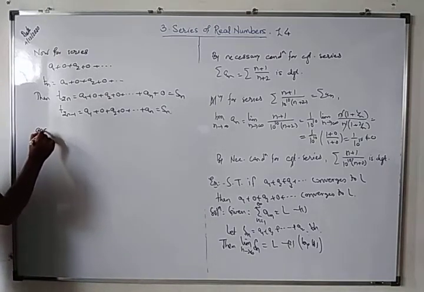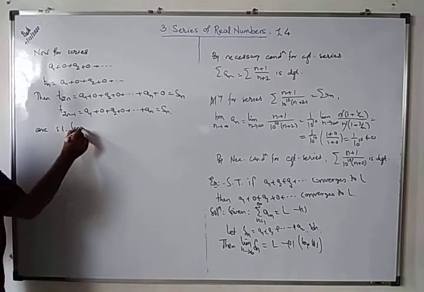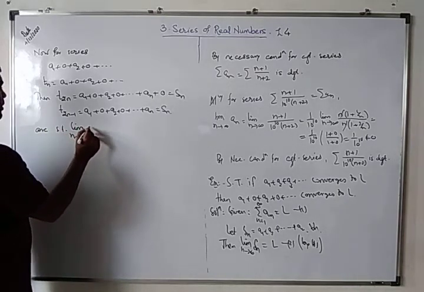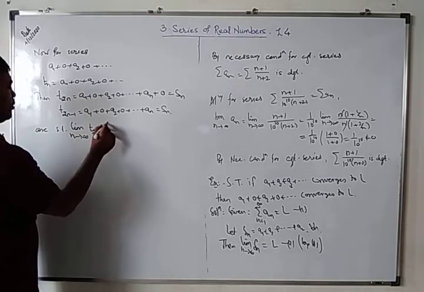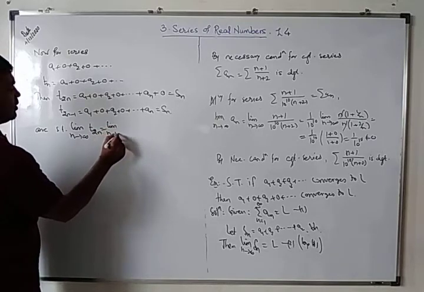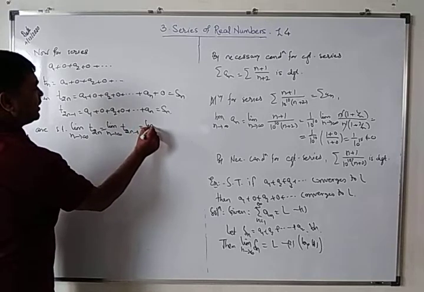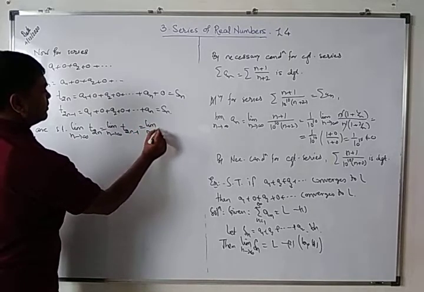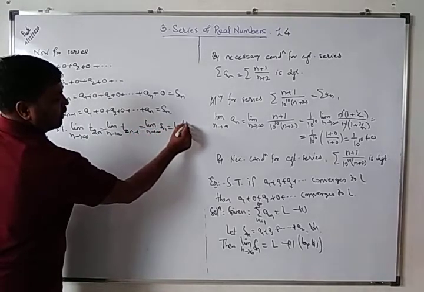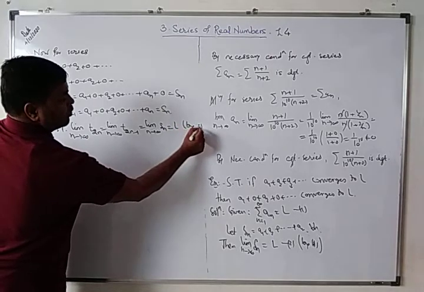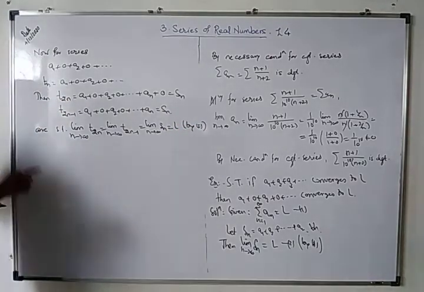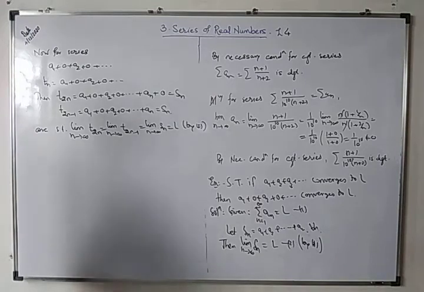So limit as n tends to infinity of T2n is equal to limit as n tends to infinity of T2n minus 1, which is equal to the limit of Sn, which is L. Okay.